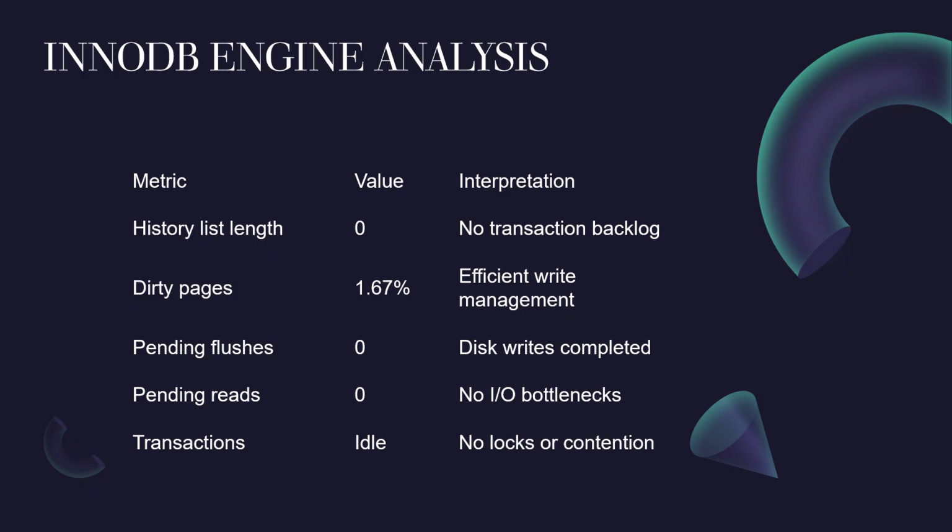The log sequence numbers show consistent progress with no pending fsyncs, confirming the redo log is being flushed properly. The transaction sections show all transactions are idle, meaning no deadlocks, waits, or lock contention were detected.